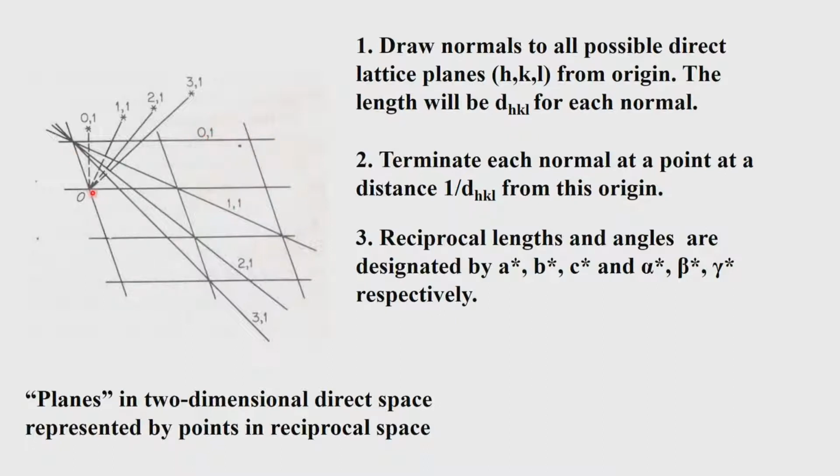We are looking at the diagram with respect to this background. We start from O, this is the direct space. We go up to that point which is 1 unit, and then 1 unit along this represents the 0, 1 direction. If you now consider 1 unit along this and 1 unit along the second direction, you will get a 1, 1 plane. That 1, 1 plane is represented in this fashion, going through this point.